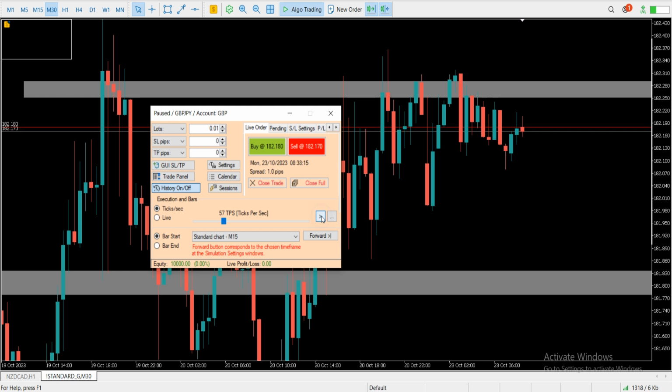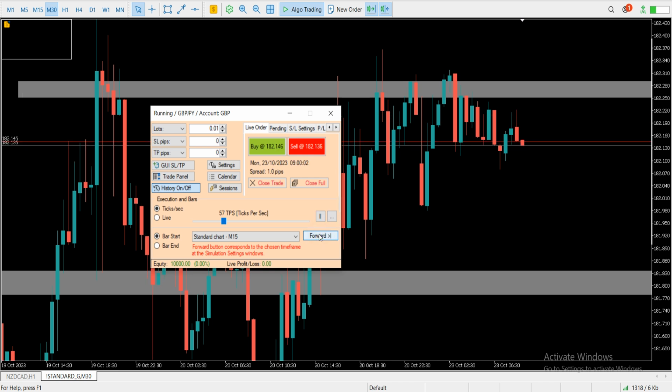So just waiting for the market to show something that I can recognize. Forward, and the candle closed bearish. It's wicking up. If it breaks the low, I would say no. Forward.